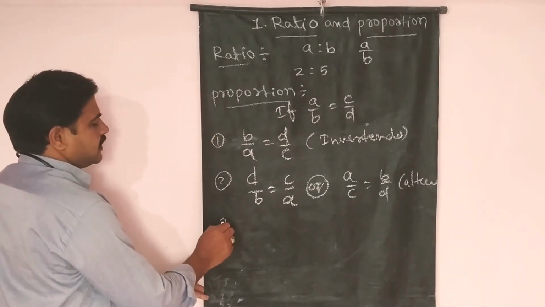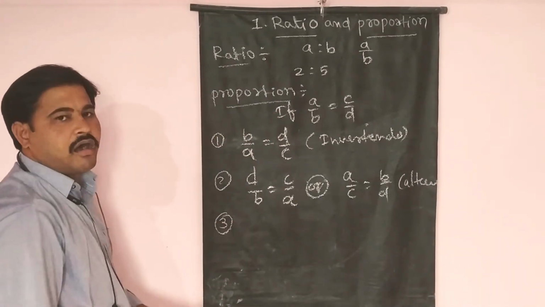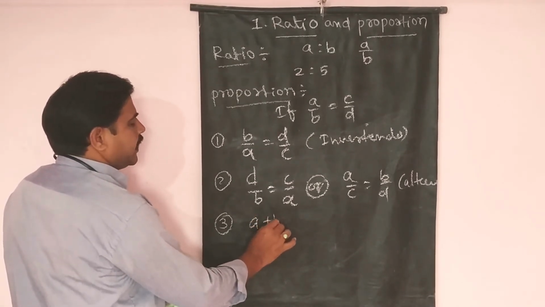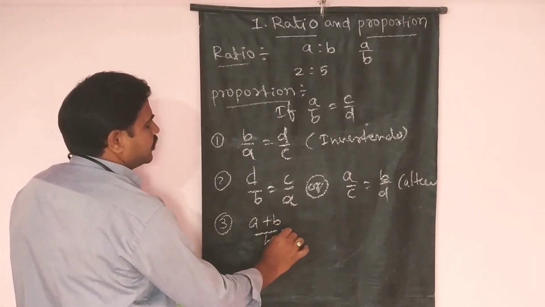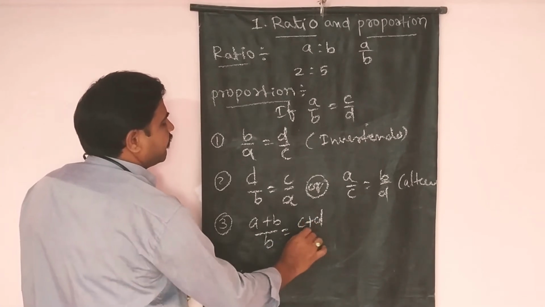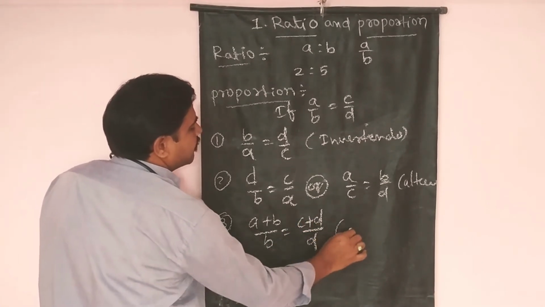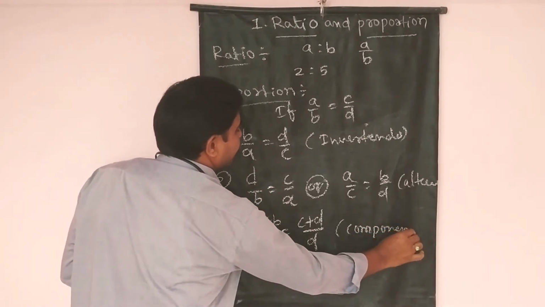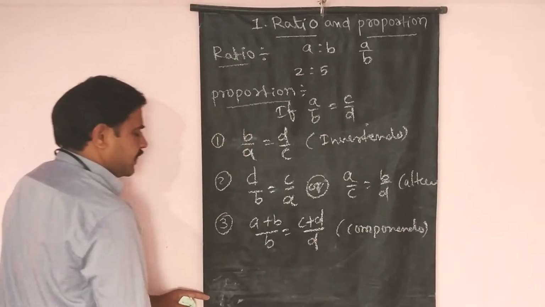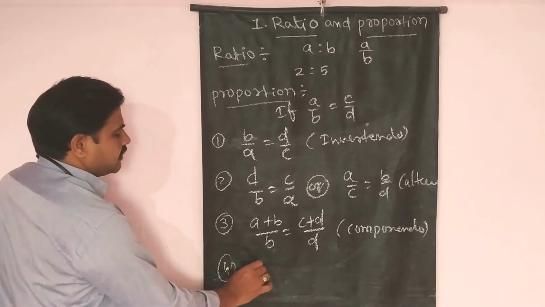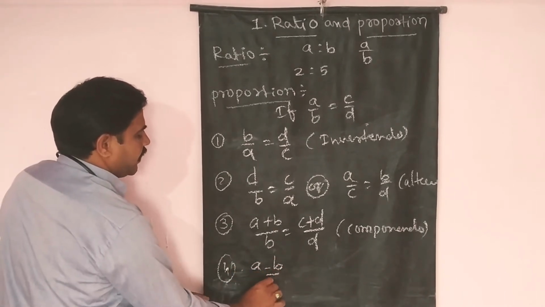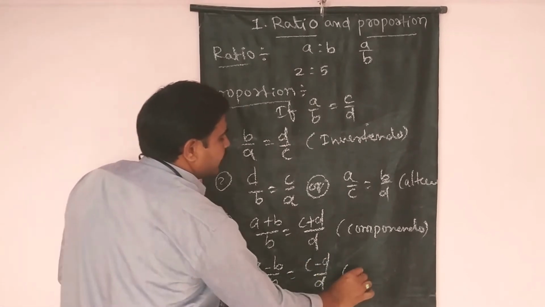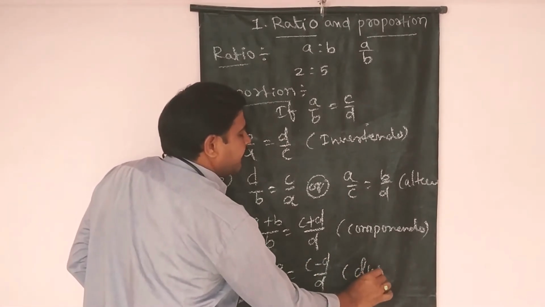And next, the third property on proportion is A plus B by B is equal to C plus D by D. This is called componendo. And next, fourth is A minus B by B is equal to C minus D by D, called dividendo.